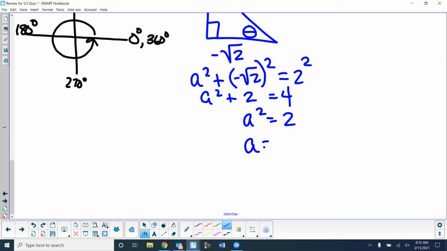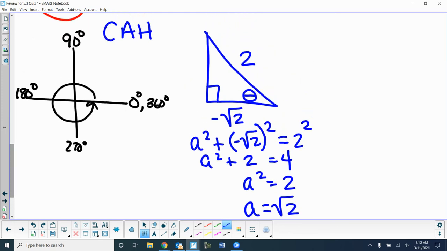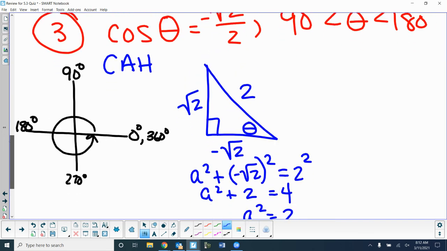So I subtract 2. So what's A equal? The square root of 2, right? Radical 2. So my third side is radical 2. And since it's in the second quadrant, this is going up. That's a positive radical 2. So I have my signs correct. Now, I'm supposed to find cotangent.